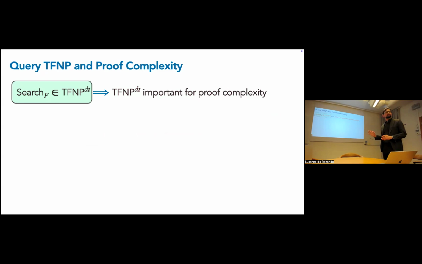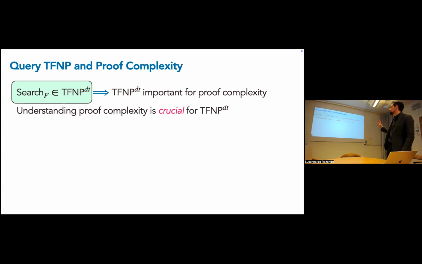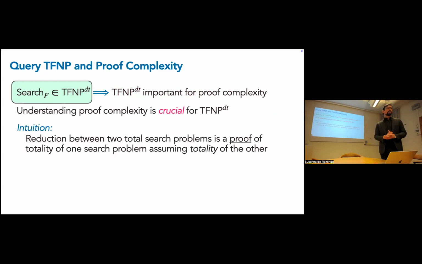Since this false clause search problem is very related to proof complexity, and it's in TFNP, this means that roughly TFNP should be important for understanding proof complexity. However, on the other hand, understanding proof complexity is crucial for understanding at least this black box TFNP. So the intuition is really that a reduction between two total search problems is a proof that one search problem is total, assuming the totality of the other. This is how you kind of get proofs out of this.